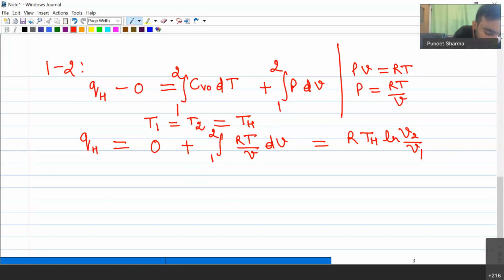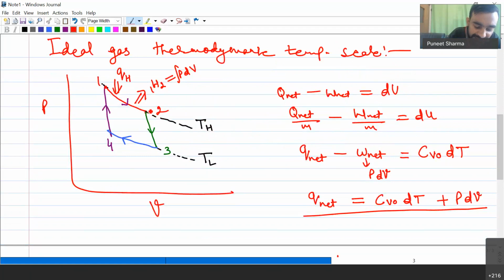Now if I write the same equation for process number 2 to 3, my net amount of heat transfer will be 0, because if you go back to the PV diagram and see, process 2 to 3 is nothing but a reversible adiabatic process. Okay, so over here we will only have work interaction, heat interaction is 0.